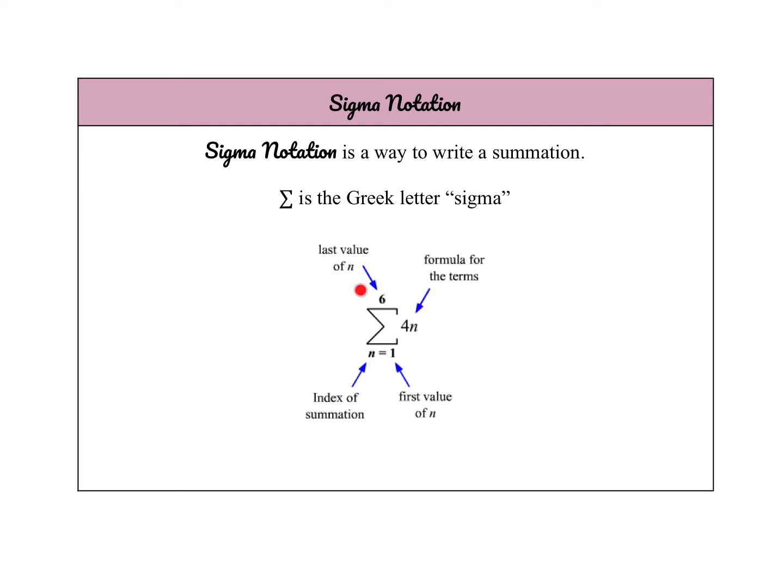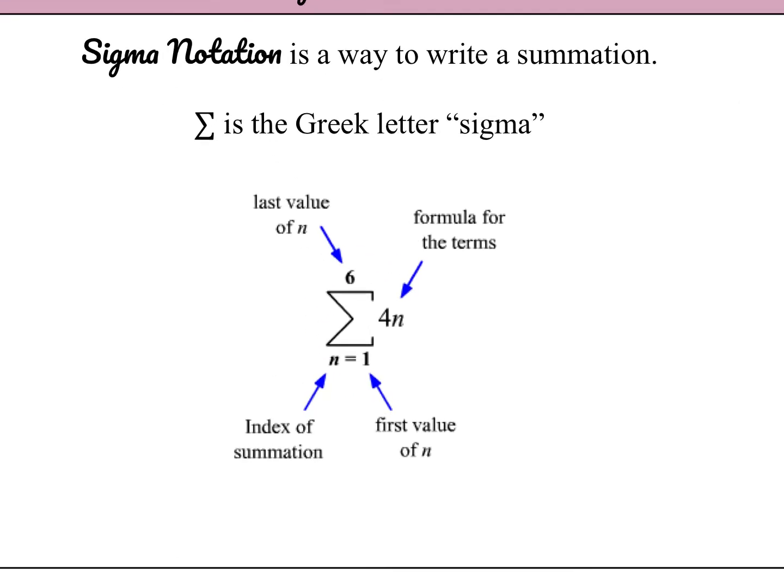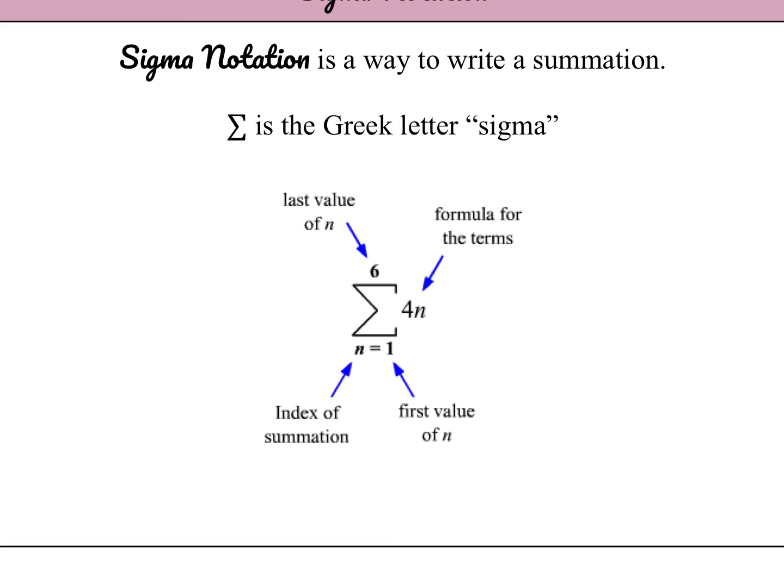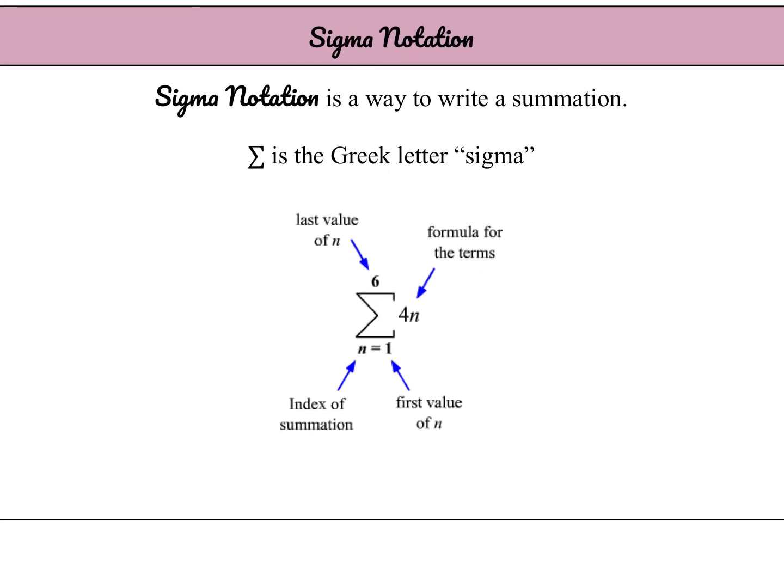So you're going to see phrases that look like this. When you see something like this, we have the sigma, so we know we're finding the sum. To the right of the sigma, you're going to see the formula for the series or for the sequence that we'll be using in the series. It could be an arithmetic sequence, or it could be geometric, or it could be something totally different.